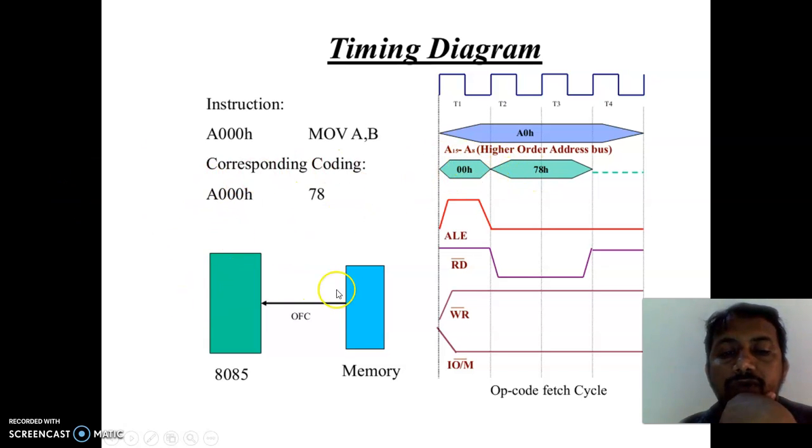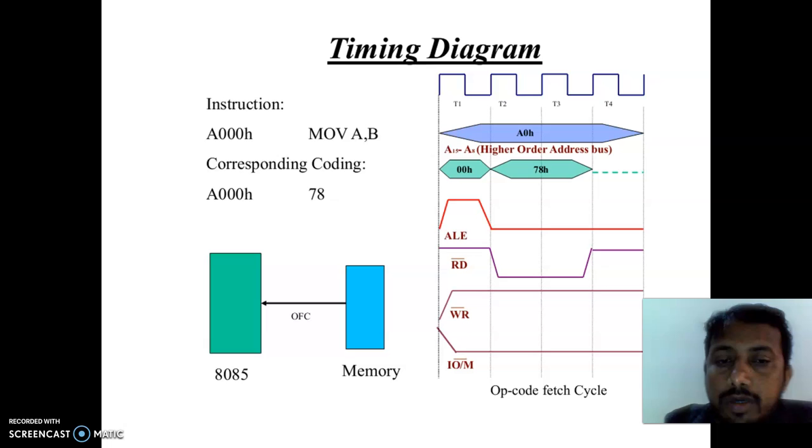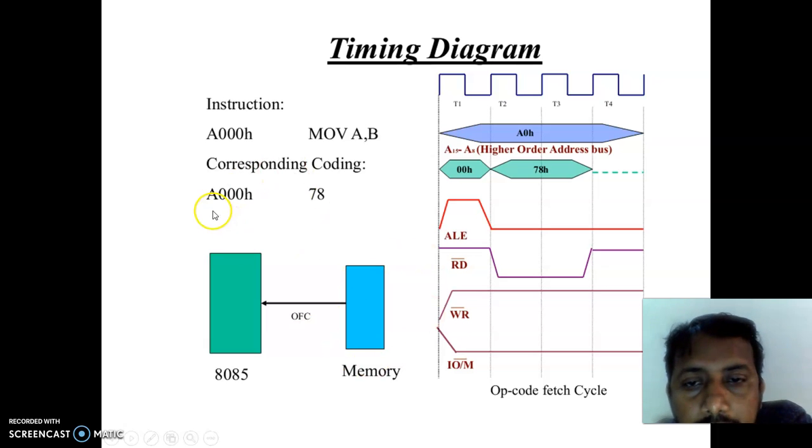Coming to the first one, the opcode fetch, how is it going to read? In the first clock period, the address is sent onto the address buses. As you know, we have a 16-bit address bus and an 8-bit data bus. This 8-bit bus is the lower order address bus as well as the data bus.